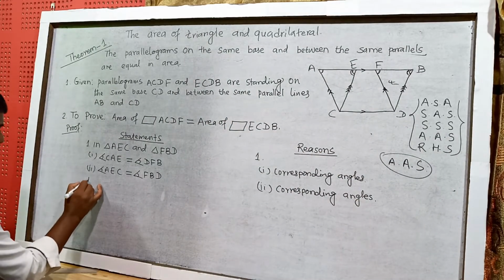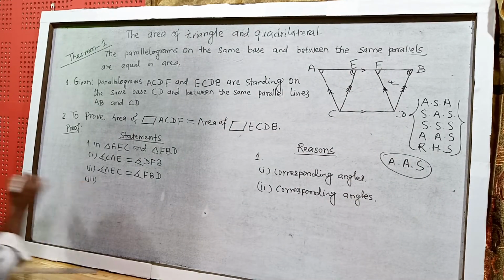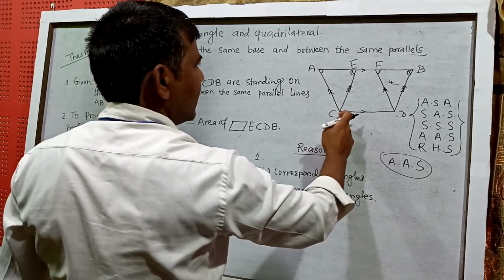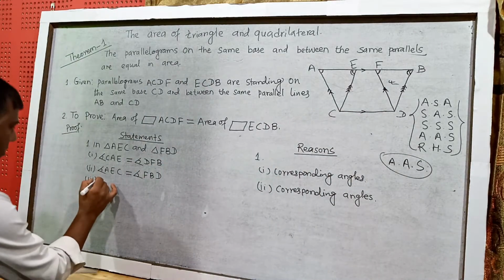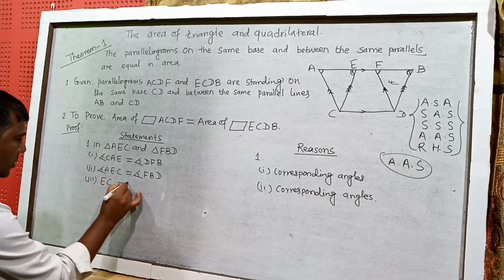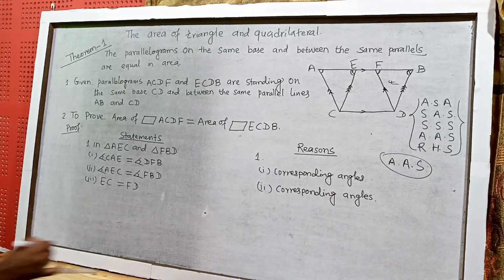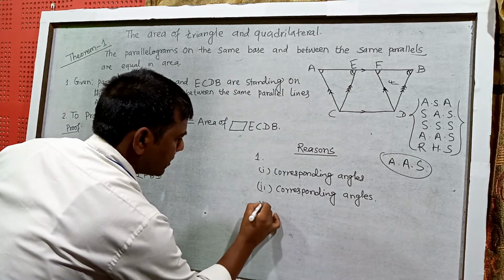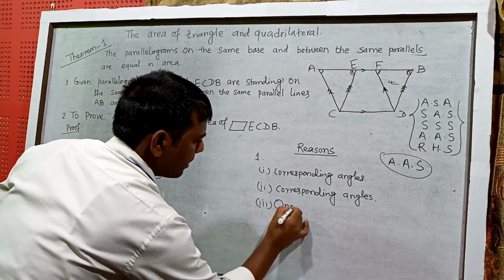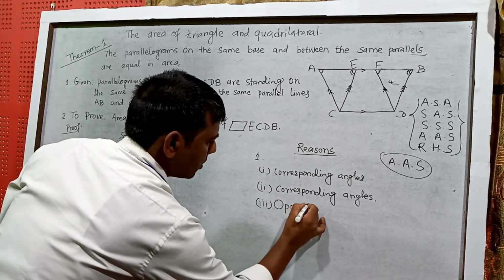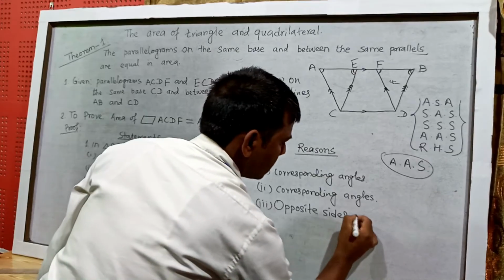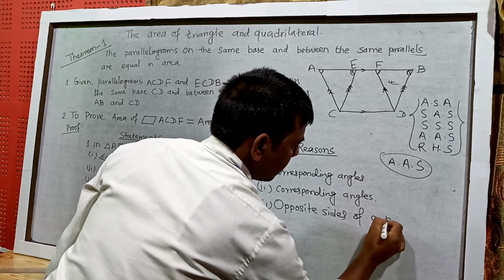And in 3 number we can show EC equals FD.